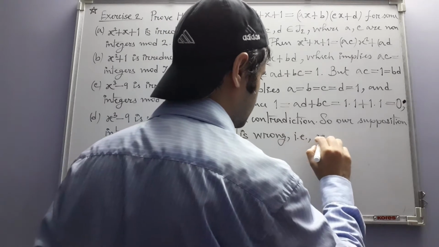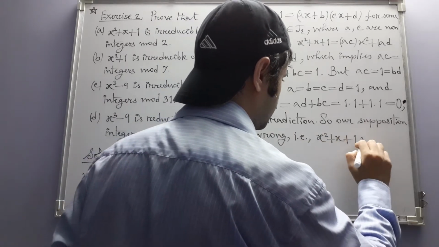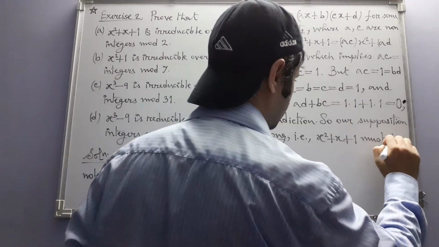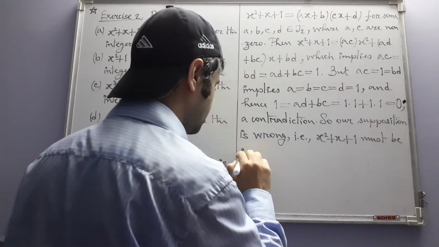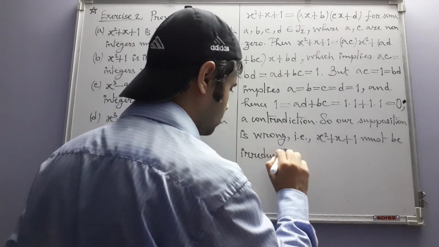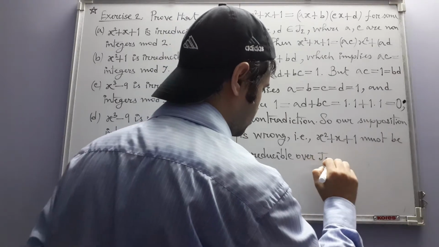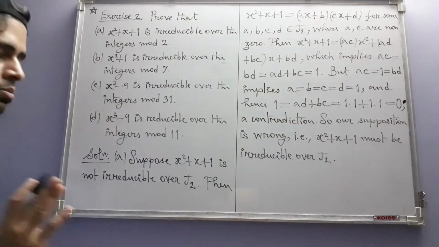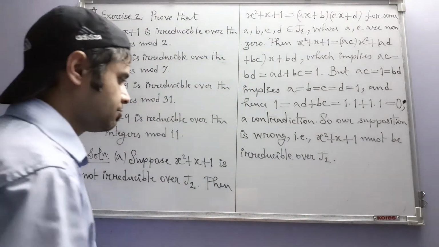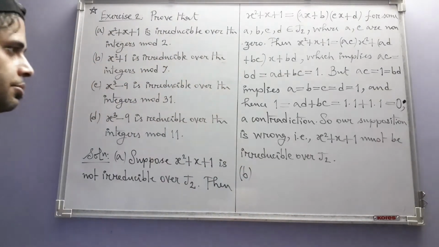That is, x squared plus x plus 1 must be irreducible over J2. So that is part A. Like this we are going to solve parts B and C also.